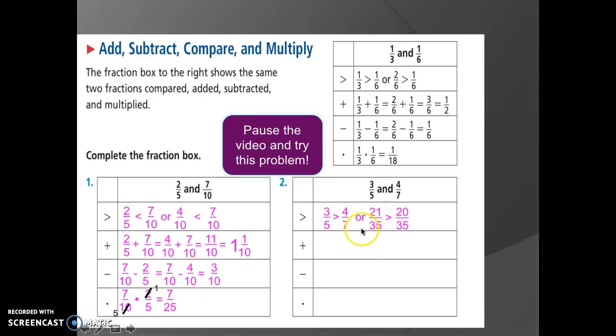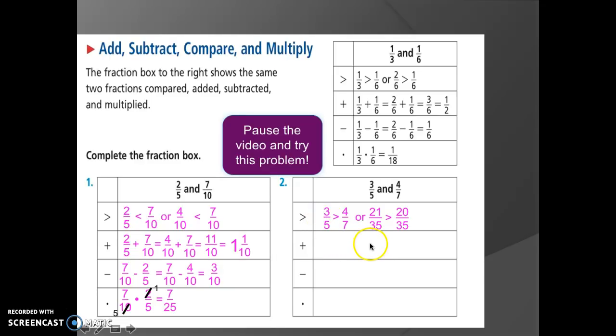Or you could have used that secret method, remember I taught you cross multiplying up. 7 times 3 is 21, 4 times 5 is 20, and 21 is greater than 20.